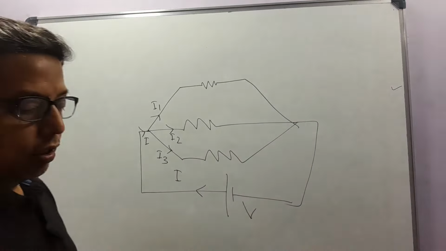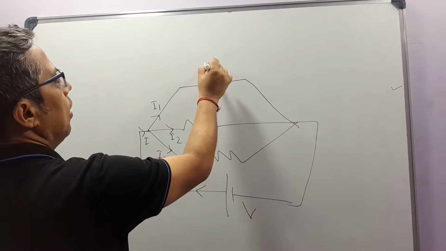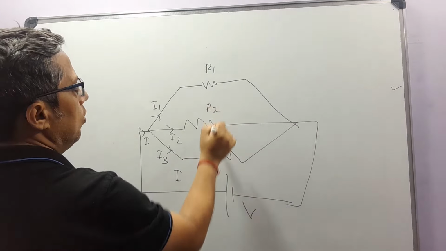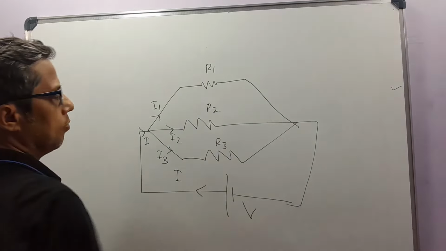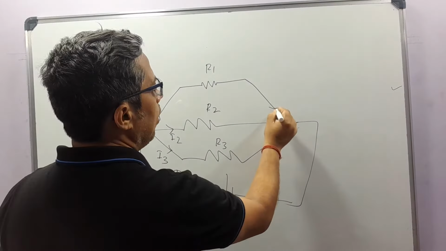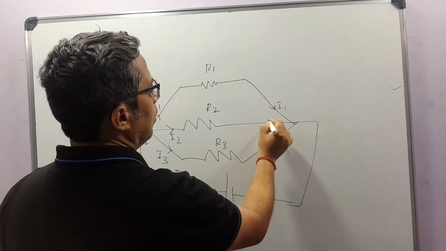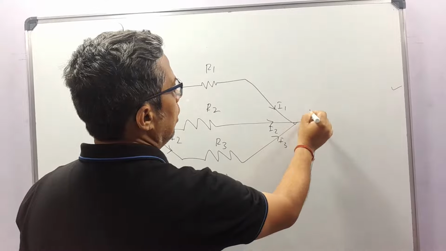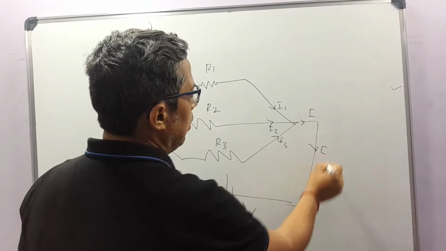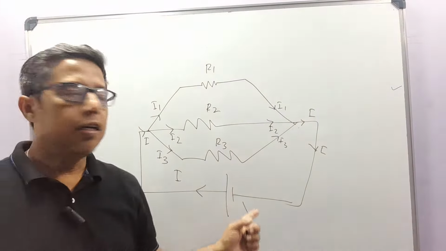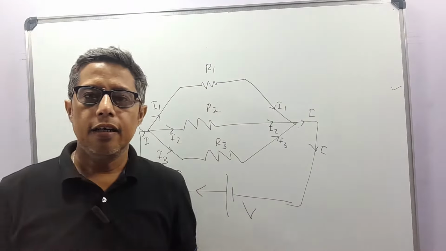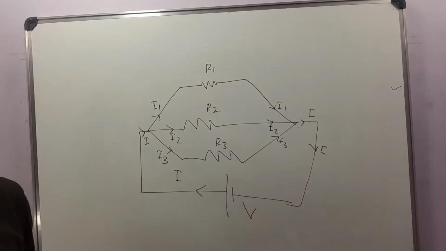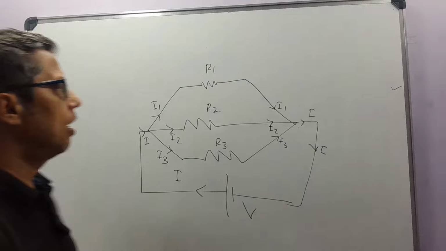The resistances are R1, R2, R3. Again here they will connect, and then the main current will always be I. So this is a parallel circuit. How do you understand what a parallel circuit is?